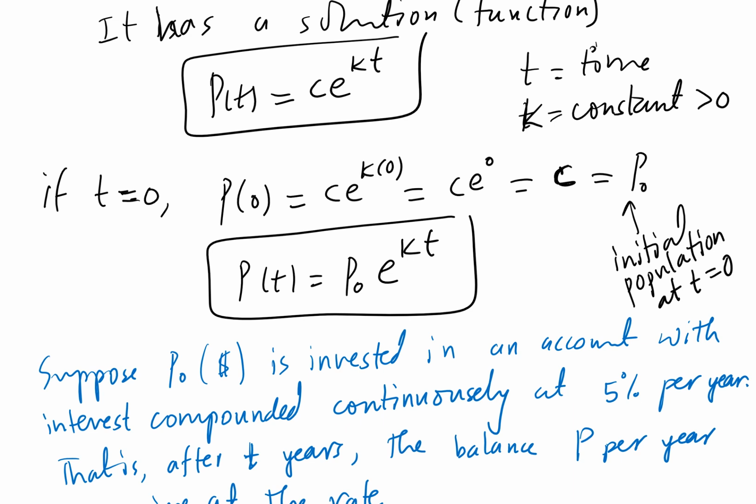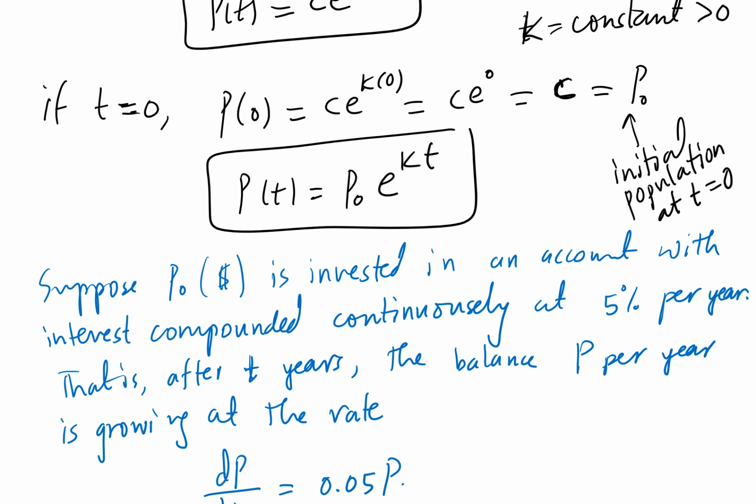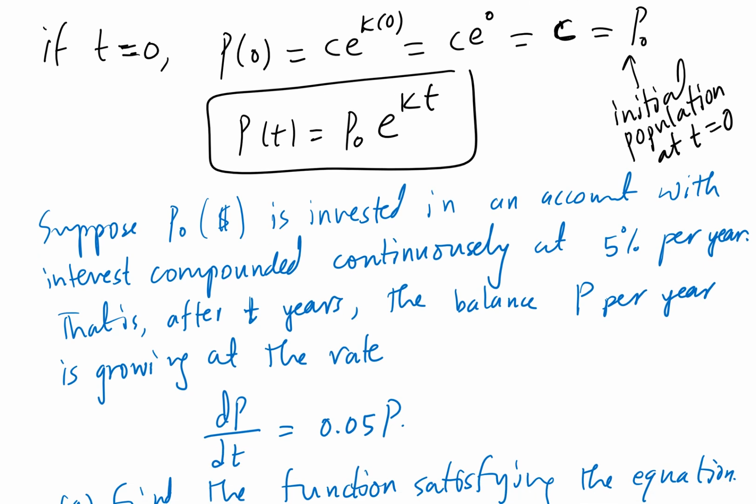They said they pay 5% annually as a rate. So after t years, the balance P is growing at the rate dP/dt equals 0.05 P. That's all given, and the 0.05 came from 5%.